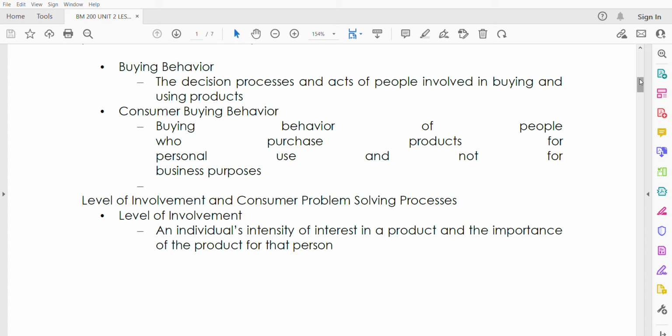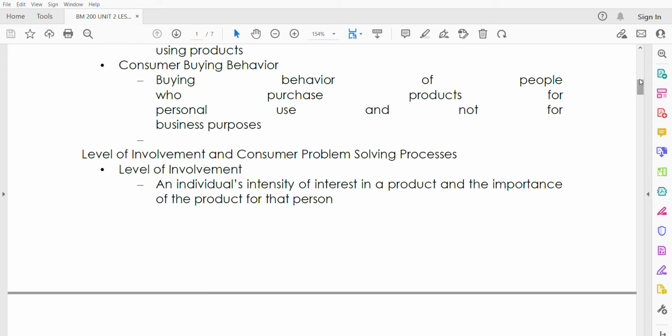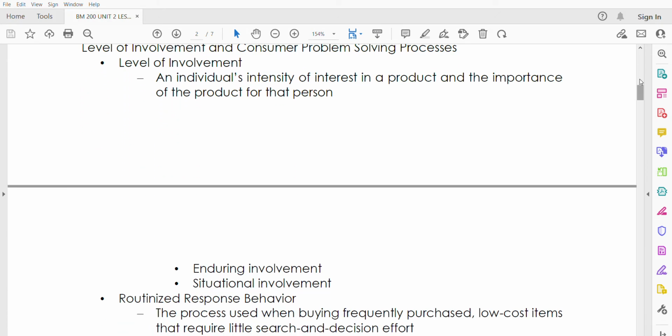Consumer buying behavior, this is the behavior specific to identified consumers or customers. They buy products for their personal use and not for business purposes. So there are specific level of involvement and consumer solving processes. So naatay i-take into consideration nato ang individual's intensity of interest in the product and the importance of the product for that person.